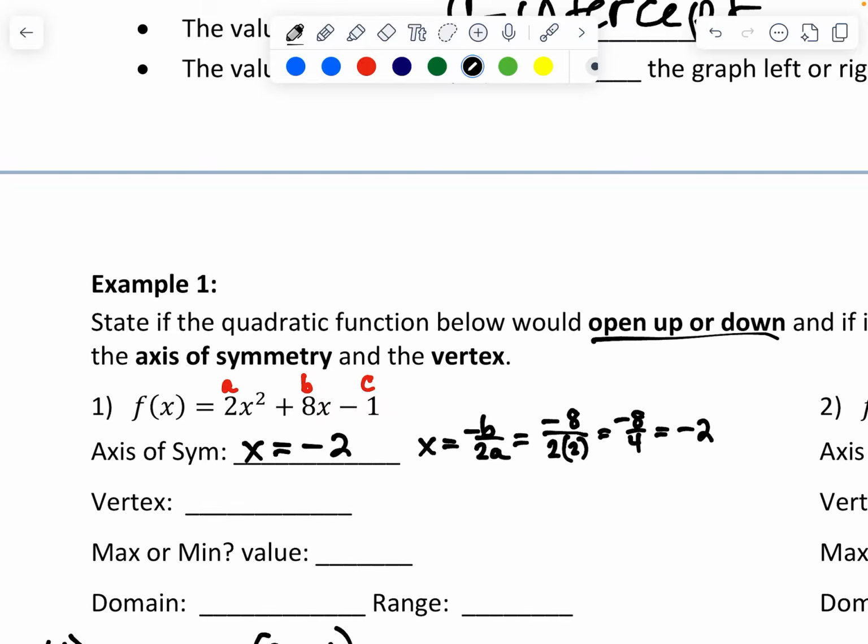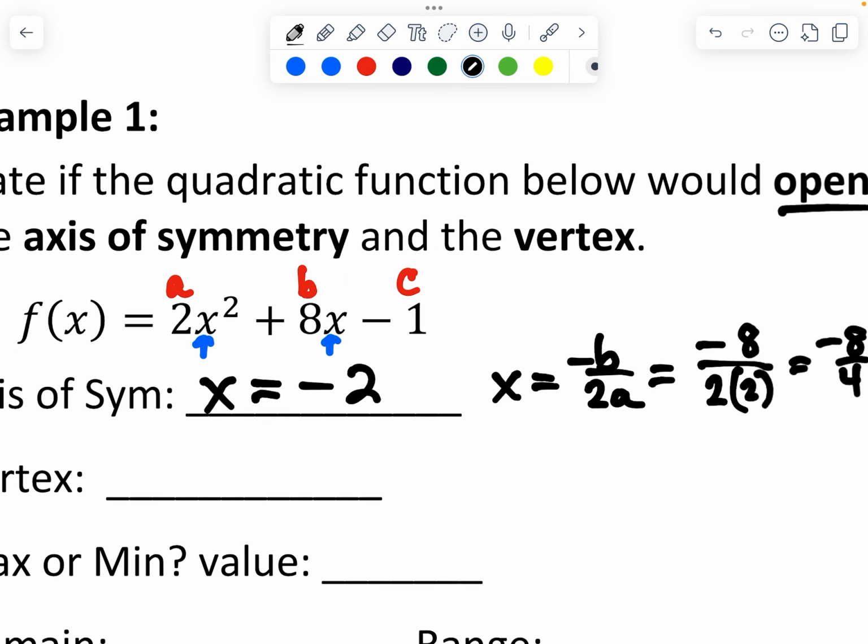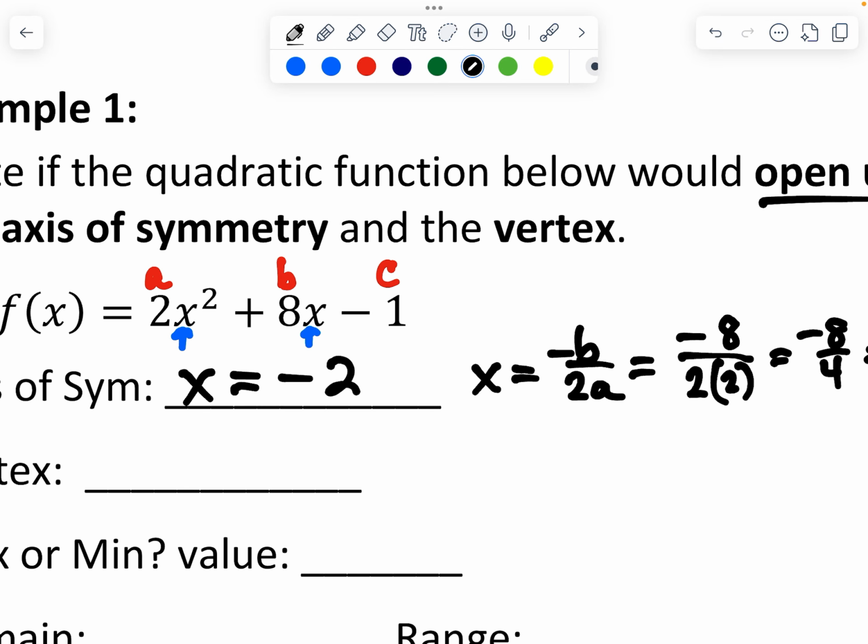Now that I know x is negative 2, I'm going to take that negative 2 and plug it into every x value and solve. I have 2 times negative 2 squared plus 8 times negative 2 minus 1. All I did was plug it in for all of the x values exactly the way it shows.